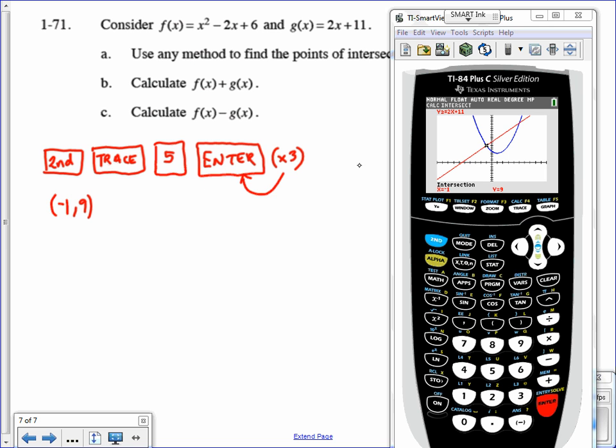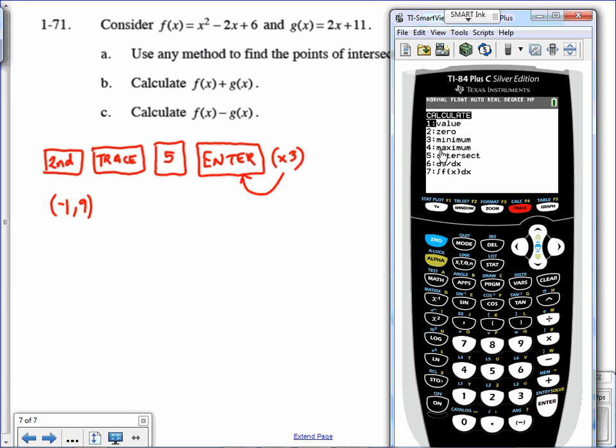Let's find the second one. We're going to do the exact same process: second, trace, number 5, enter, enter, enter. So second, trace, I want to intersect again, number 5. But before I press enter, I want to move my cursor a little closer to the other intersection.